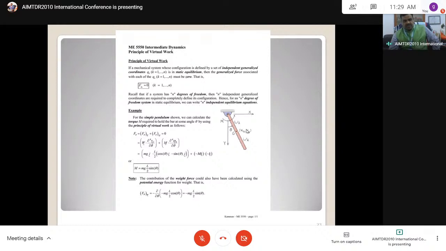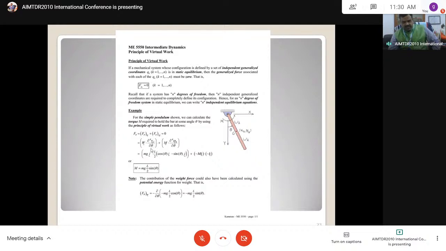Okay. For a simple pendulum or a compound pendulum, we can calculate the torque required to hold the bar at some angle theta using the principle of virtual work. The force due to theta direction or force due to some other parameter is found out equal to 0.